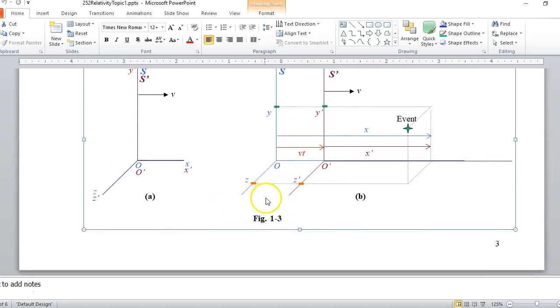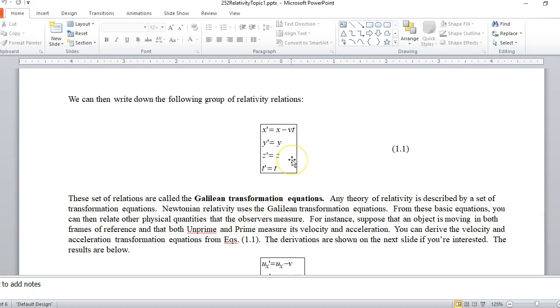So we can write down almost immediately that x prime is going to be x minus vt, y prime is y, z prime is z, and as far as we know, everybody measures the same time, whether you're moving relative to somebody or not.